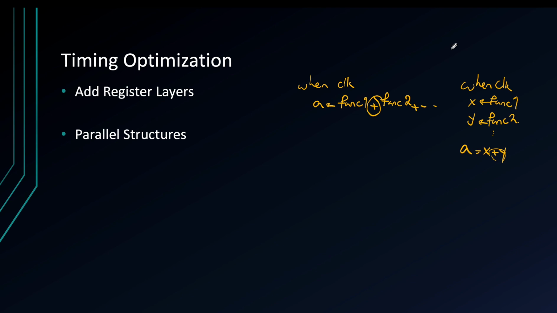An example of parallel structures is, let's say you want to do some multiplication. So you have an 8-bit multiplier, and then you want to break up the operation into two or four 4-bit multiplications, right?